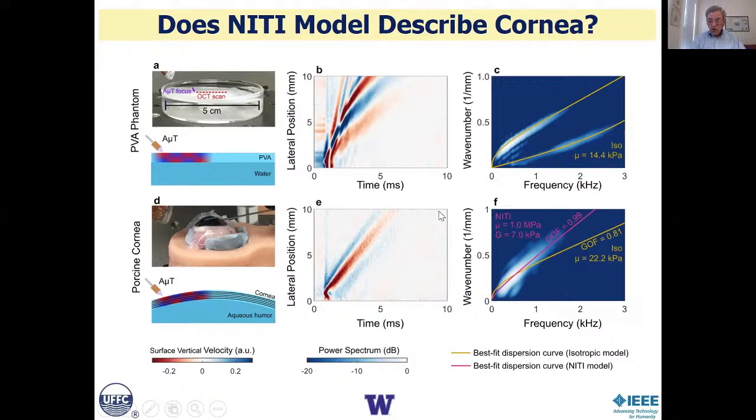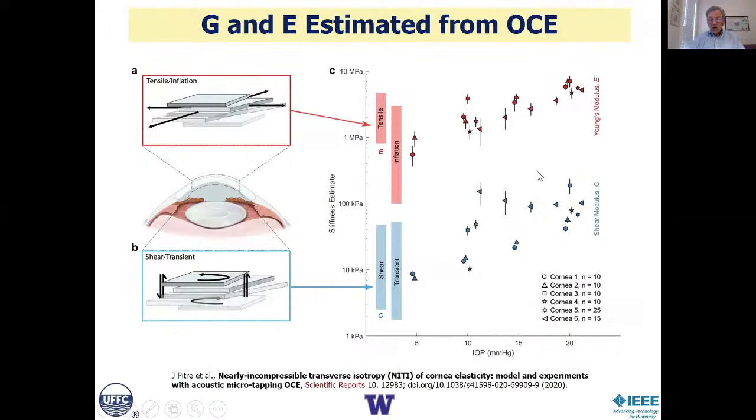When we go into the cornea, we do not see that. We see just a single mode. When we try to fit it with an isotropic model, we get a very poor estimate, whereas the TI model is an excellent fit. It gives us robust estimates of both of the two moduli. When we do that, we get results which are very consistent with the biomechanical measurements. These are results just published.